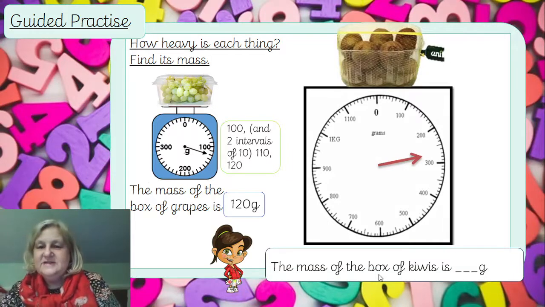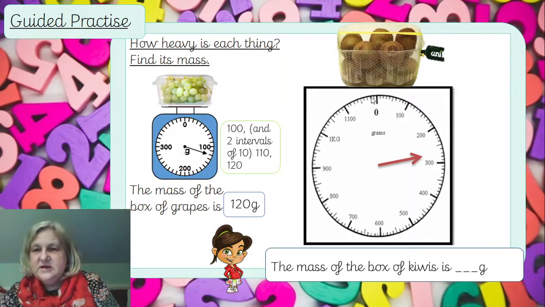And the mass of this box of kiwis is, right, so here we've got a number, the mass of the kiwis is going to be between 200 and 300 grams. Now this arrow is quite a long way away from here, and I think it's going to the 7 here, so we've got 5, 6, 7.